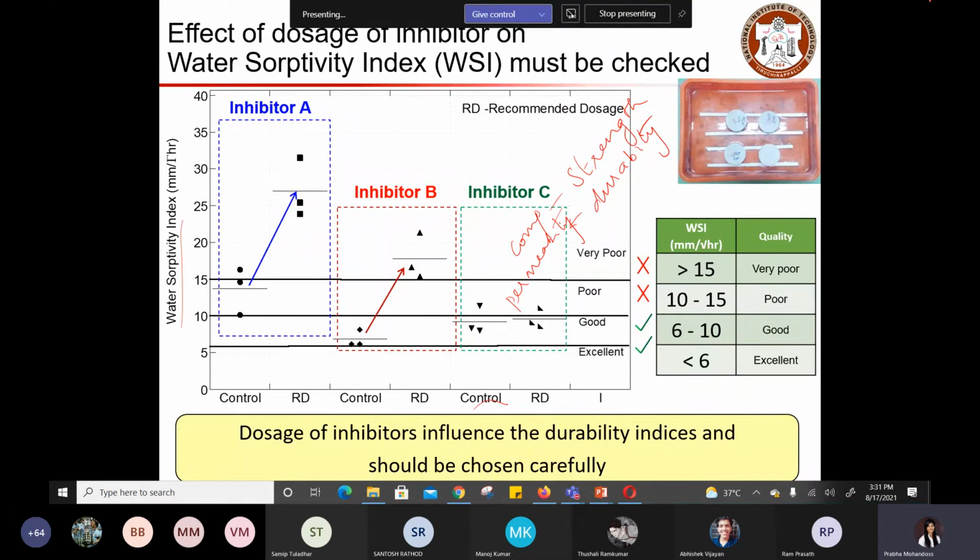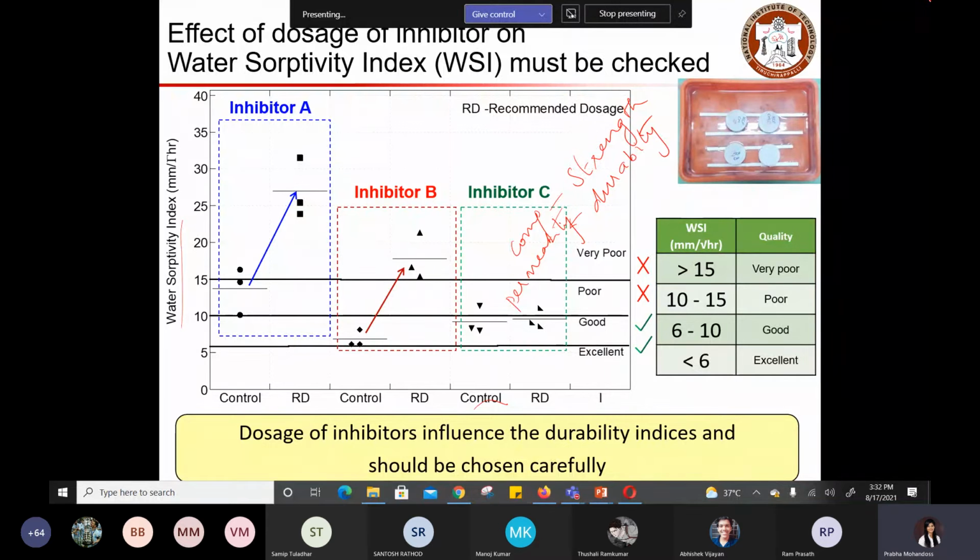Similarly, with the second type of corrosion inhibitor, inhibitor B, again the water sorptivity index is increasing from its control system to the concrete which has the recommended dosage of inhibitor B. And when you have inhibitor C, this gives almost a similar value to your control system. The water sorptivity index using inhibitor C is comparable to your control system.